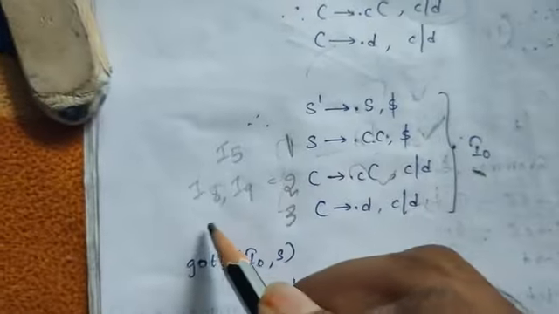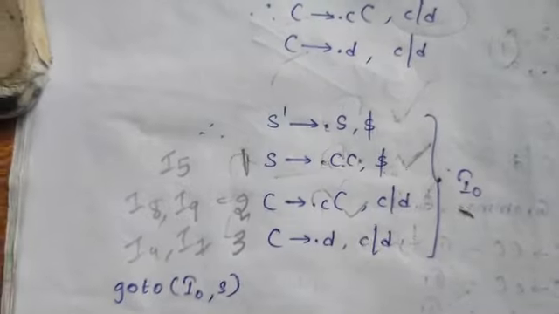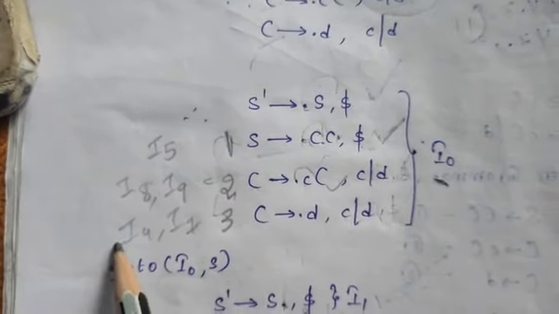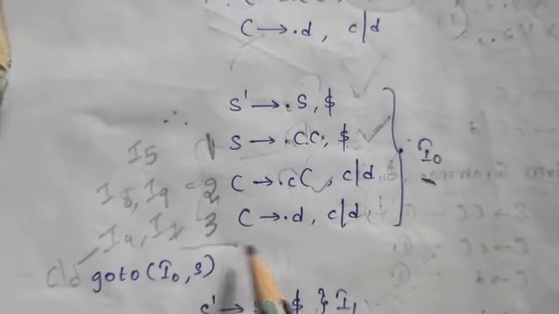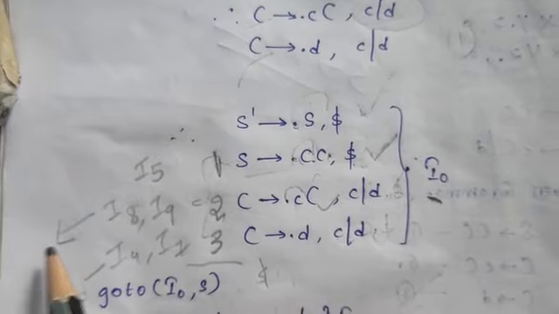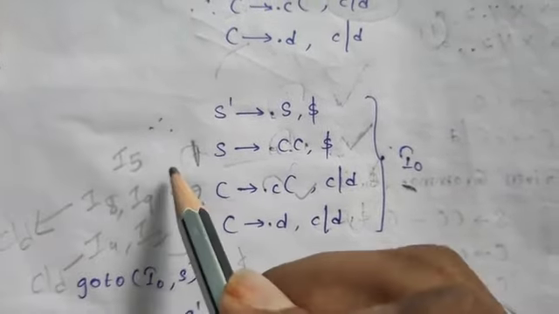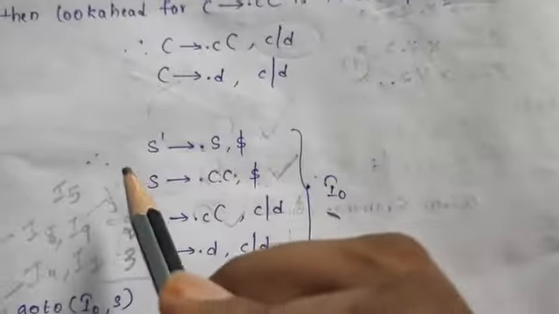That means I4 and I7. Here we are placing I4 comma I7. Okay, so in I4 actually C/D, I7 dollar, I8 C/D, I9 dollar, I5 dollar.